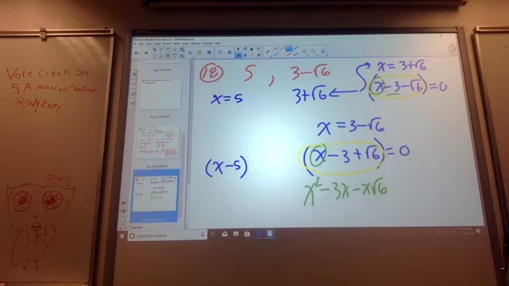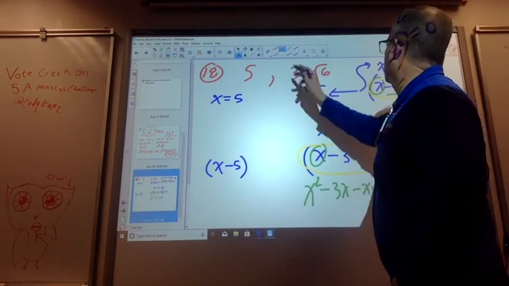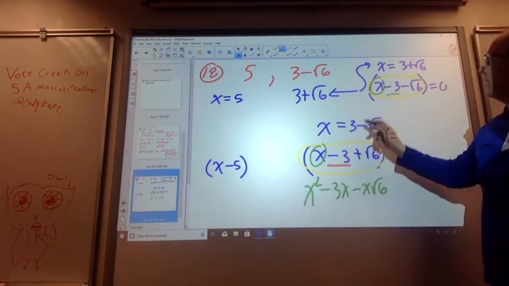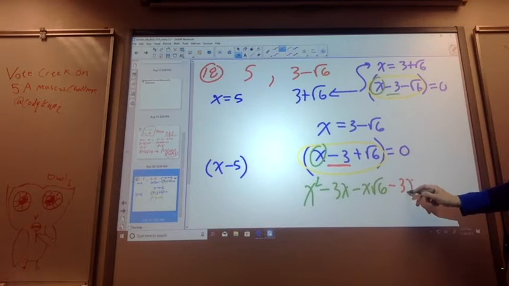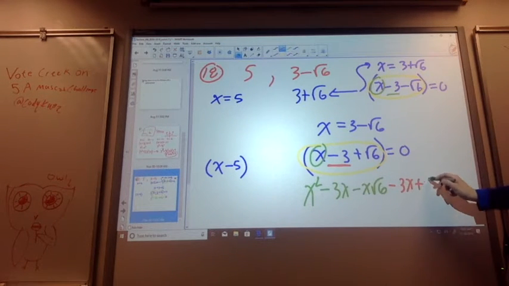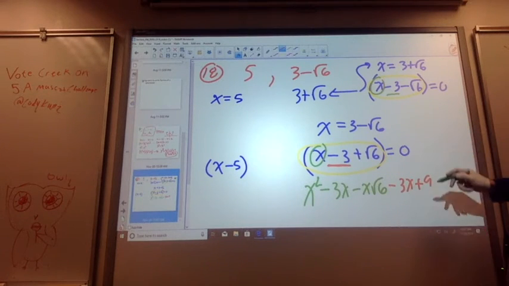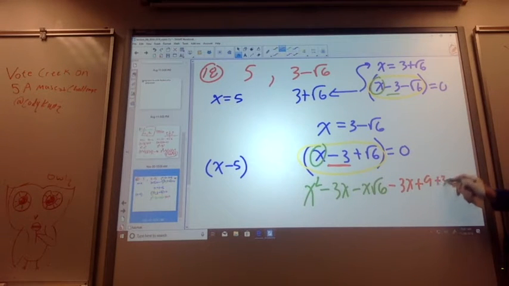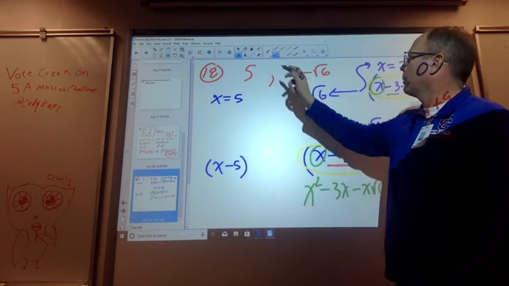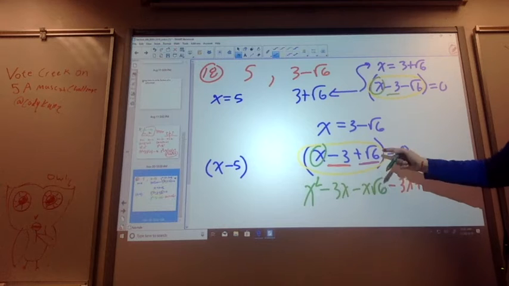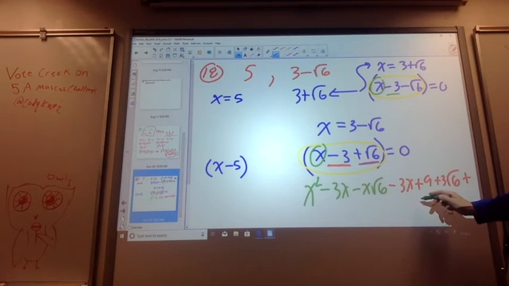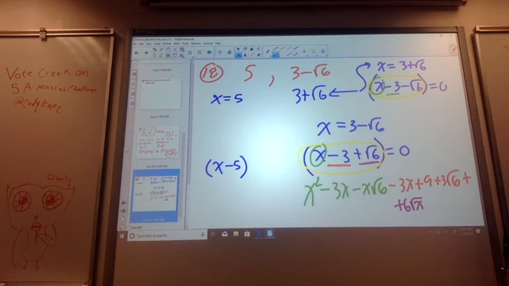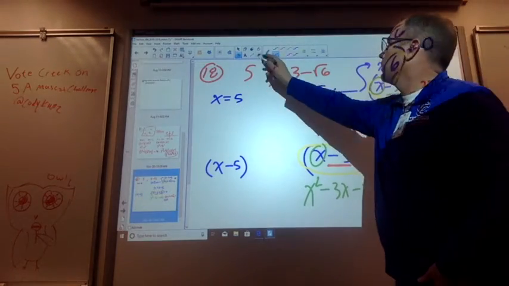Is that okay so far? Then I'm going to take the negative 3. Negative 3 times x is negative 3x. Negative 3 times negative 3 is positive 9. Negative 3 times negative root 6 is going to be positive 3 root 6. Still with me? I'm going to do the next one in purplish. Then I take root 6. I go positive root 6 times x. So plus x root 6. Okay, oh, I went the wrong way with that. Sorry about that.